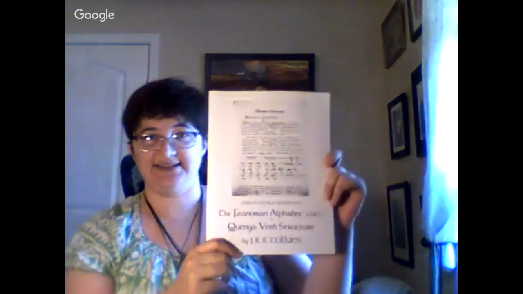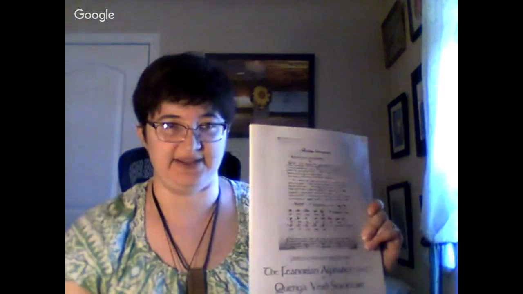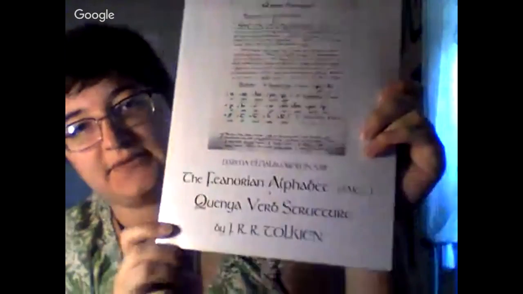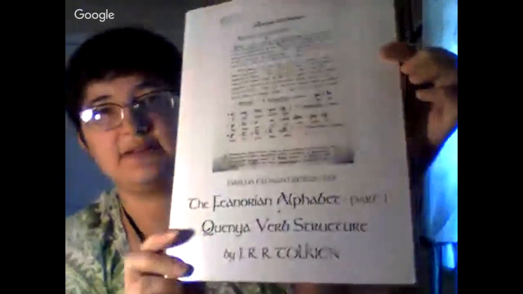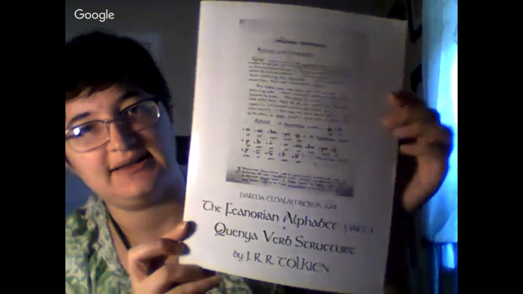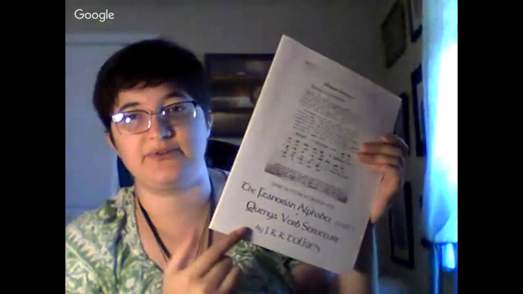Let's see here. Pull it out. Largely thanks to this. Let's see if I'm getting this to look properly. Here. Is it? No. It's like this. Ta-da! This is Parma Eldalamberon number 22.